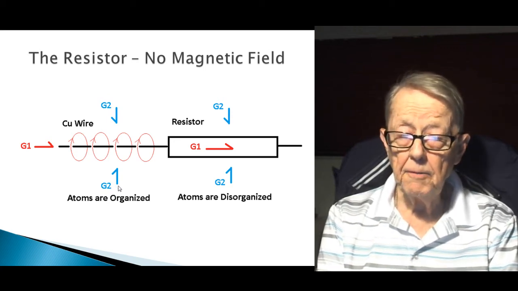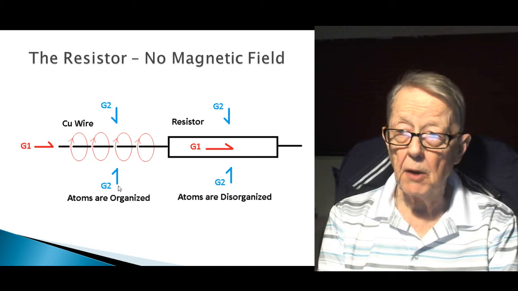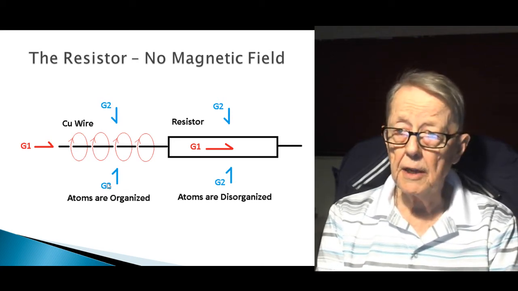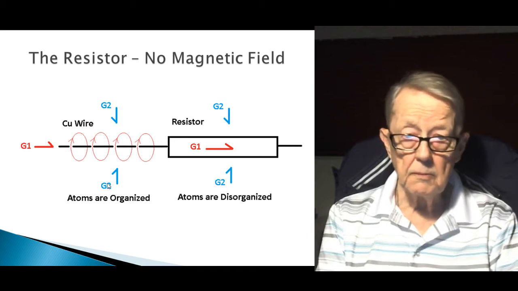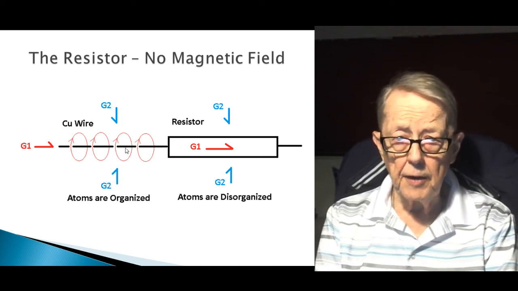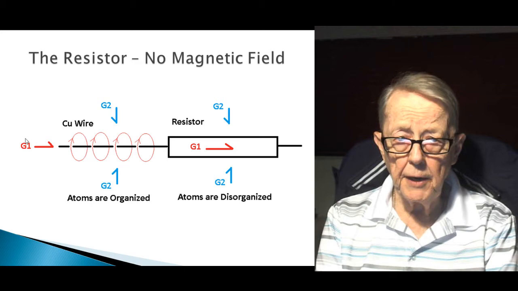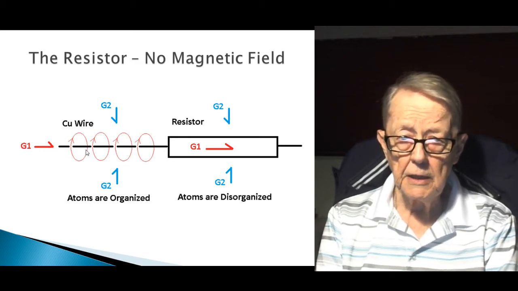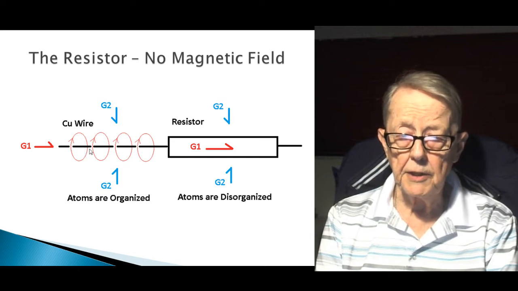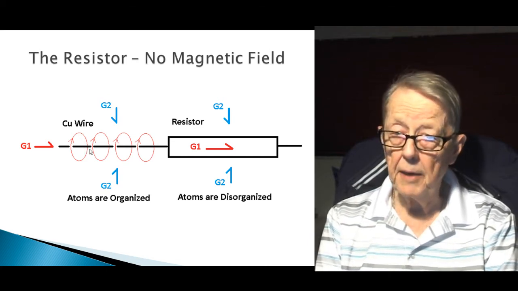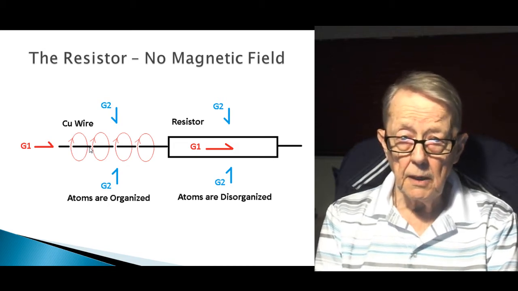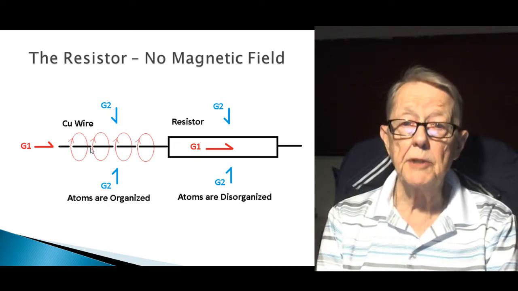But the magnetic field doesn't just build itself magically. It always follows the left-hand rule. And I kind of draw that if you put your thumb pointing in the direction of this arrow and look at the direction of your fingers using your left-hand rule, you'll see that's the direction that the magnetic field is to flow. And it happens all the time, 100% of the time.